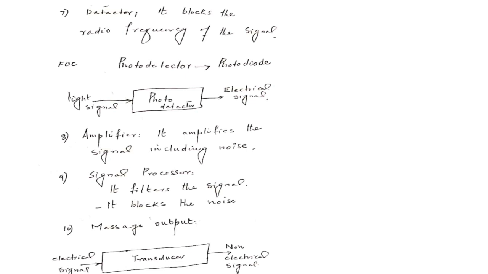If it is an audio signal, then the transducer will be a loudspeaker. And we know the function of the loudspeaker. The loudspeaker converts the electrical signal into sound wave. If it is a video signal, then definitely this transducer will be in the form of a screen, LCD screen, right? CRT, cathode ray tube.